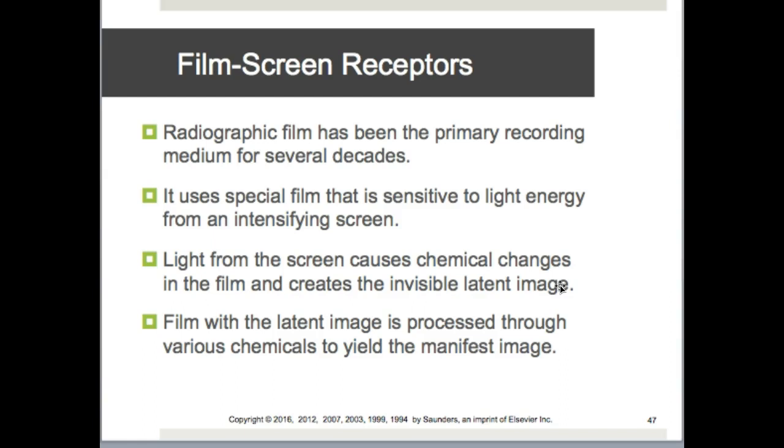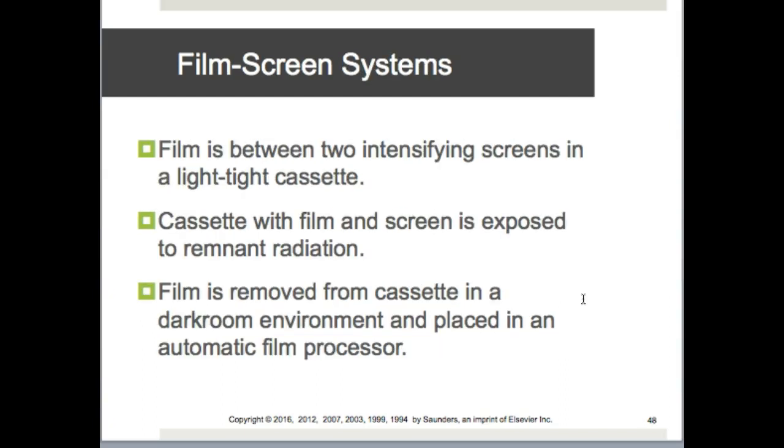So film screen receptors. Radiographic film has been the primary recording media for decades. It uses special film that is sensitive to light energy from an intensifying screen. The light from the screen causes chemical changes, gives us a latent image. Film with the latent image is processed through various chemicals to yield the manifested image. Film is between two layers of intensifying screens.